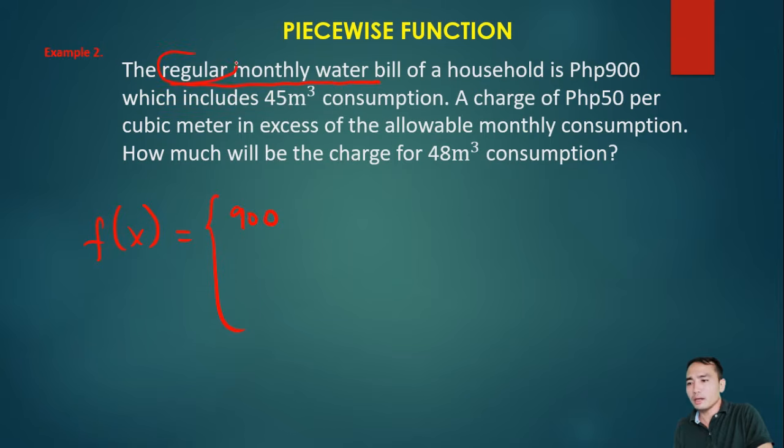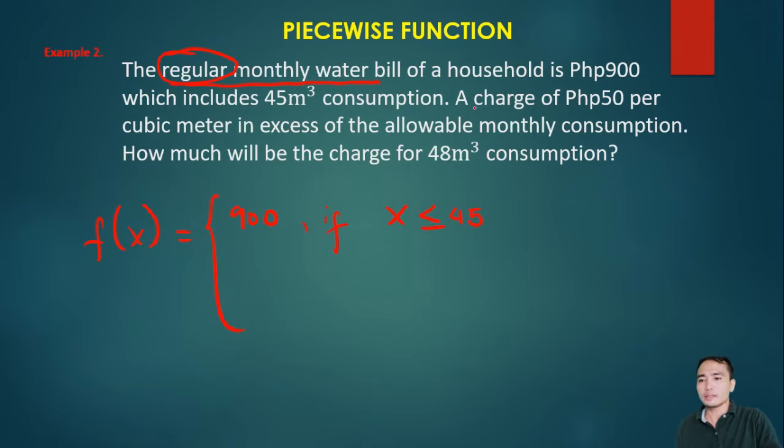So, ibig sabihin, regular, that is constant. 900 pesos if nag-consume tayo ng 45 cubic meter or less. Kahit hindi umabot sa 45 cubic meter yung ating nagamit sa isang buwan, babayad pa rin tayo ng 900 because that is constant. That is the regular monthly water bill.